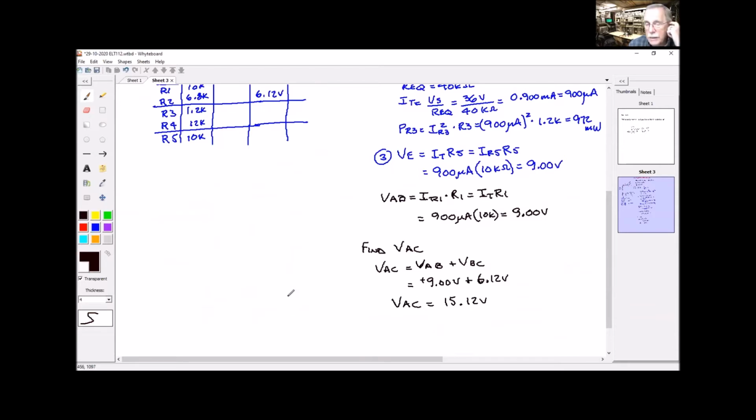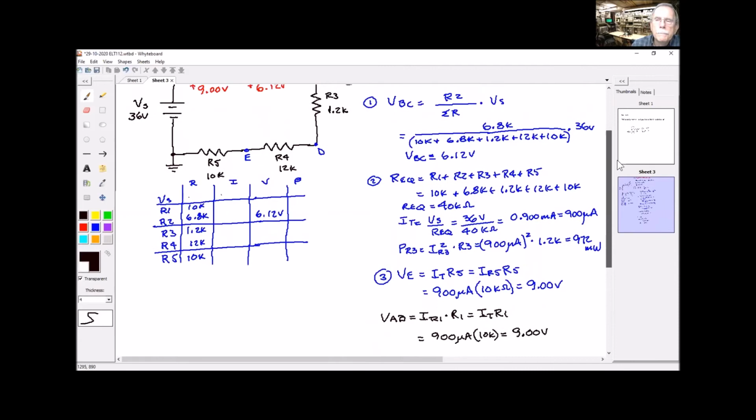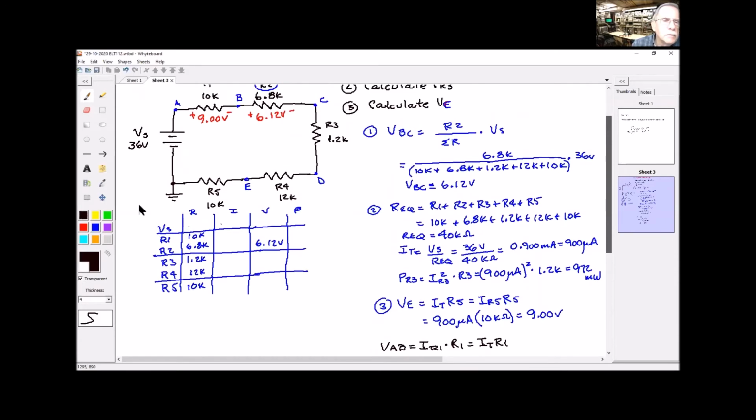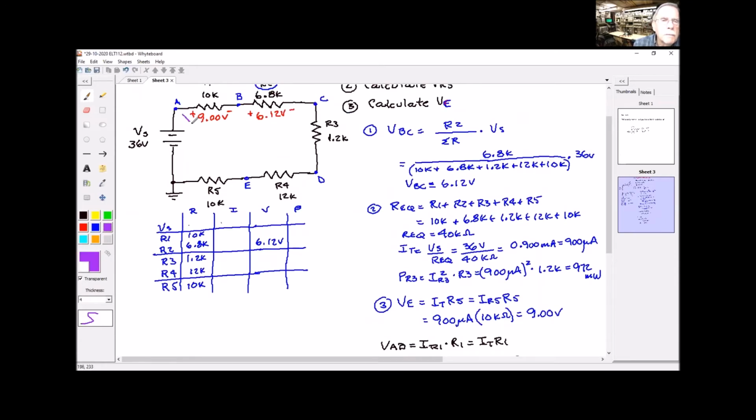So I could say up here that between here and here, I have 15.12 volts, plus on the left, minus on the right.